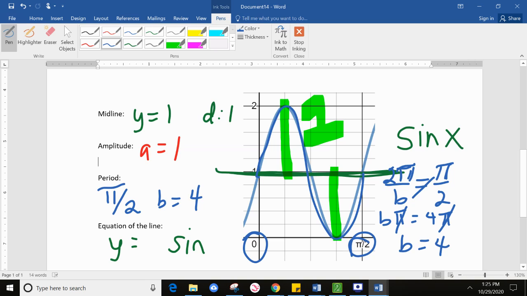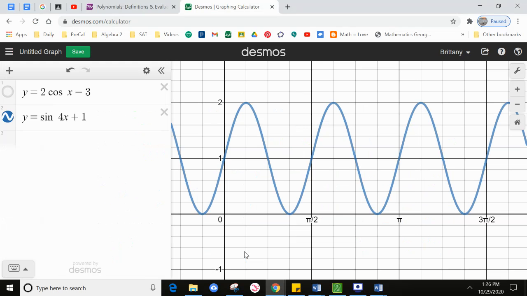What is the regular period for a normal sine curve? It's 2 pi. How many times will this curve cycle through before it reaches 2 pi if it's already completed a cycle at pi over 2? Let's hop back over here to Desmos and I'll show you.